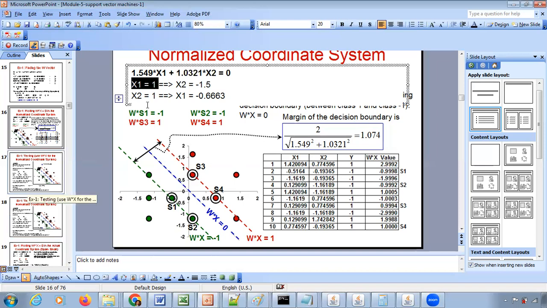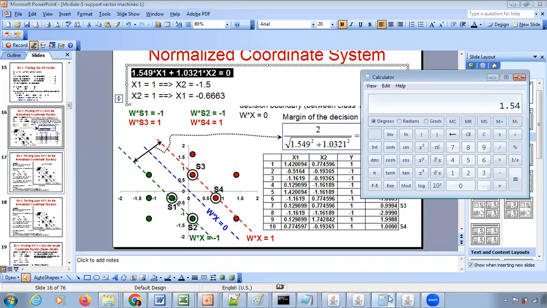So for x1 equals 1, this becomes 1.549 times 1, which is 1.549, and it goes to the opposite side. So it becomes negative 1.549 divided by 1.0321, which is the coefficient of x2. So x2 is about negative 1.5.